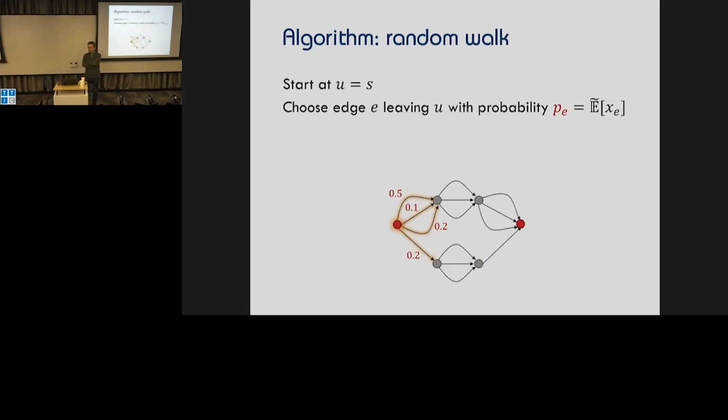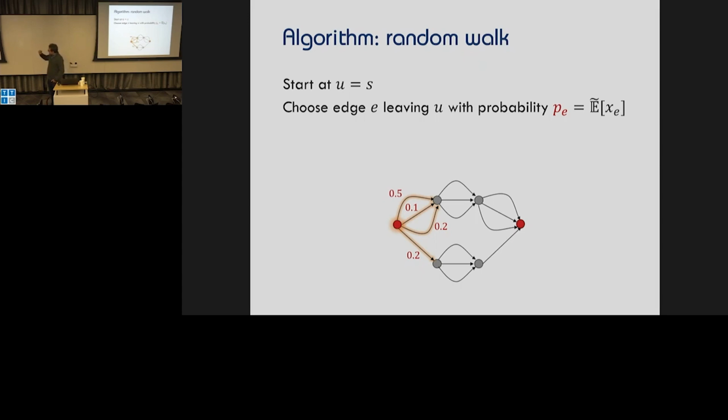Okay, now let me just describe the algorithm. And the algorithm is surprisingly simple. We start at vertex s. We look at all edges leaving s. Our SOS relaxation gives probabilities for these edges. The probability of choosing edge e is simply the pseudo-expectation of x_e.